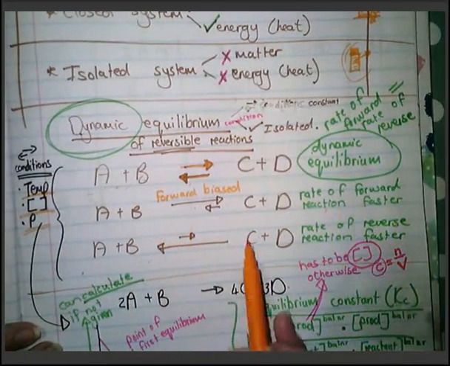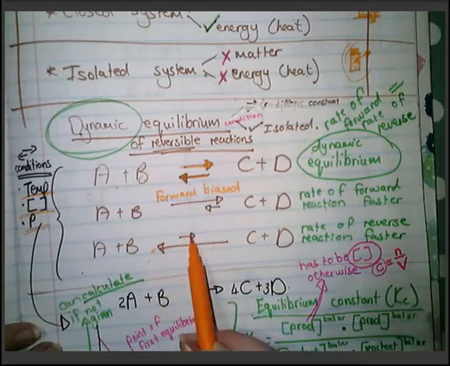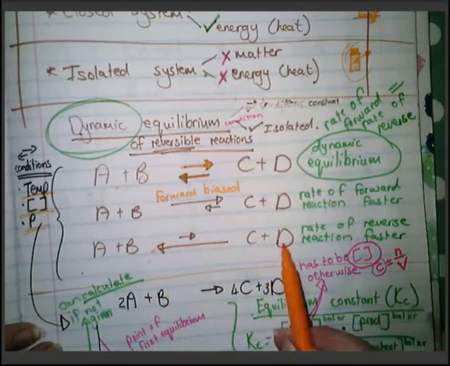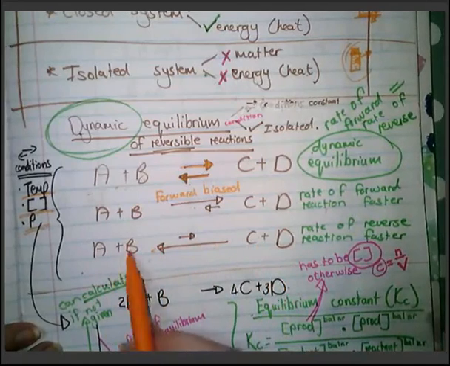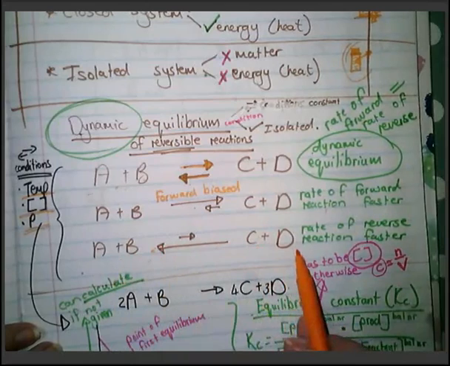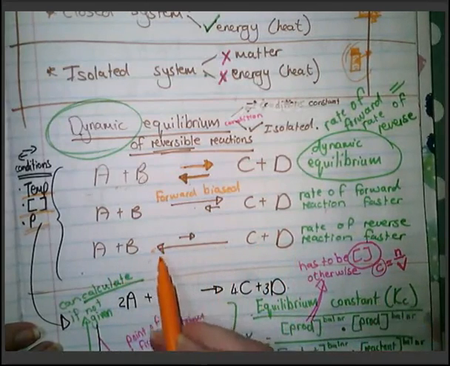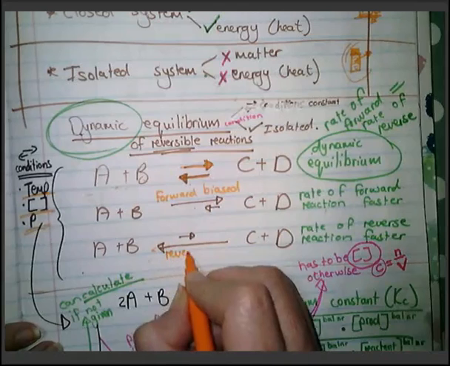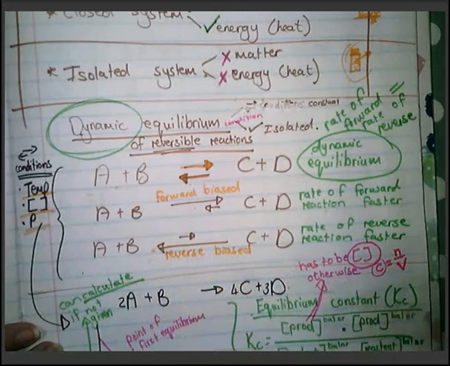In this example here, the rate of the reverse reaction is faster than the forward reaction, which means C and D is forming A and B faster than A and B is forming C and D. So the rate of the reverse reaction is faster, so then we say the reverse reaction is biased. Right.